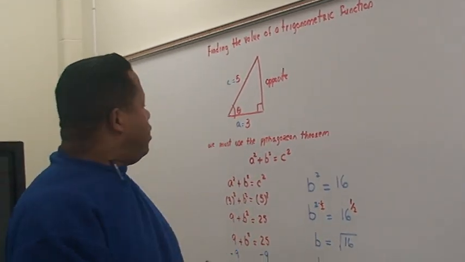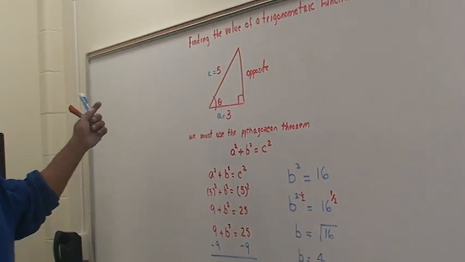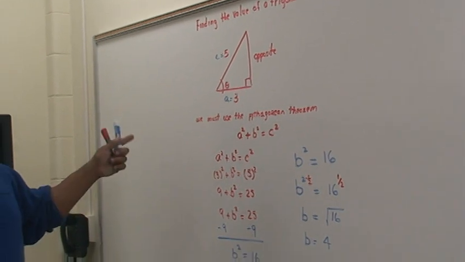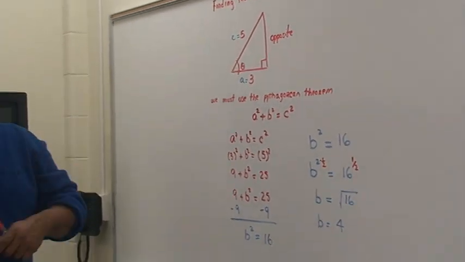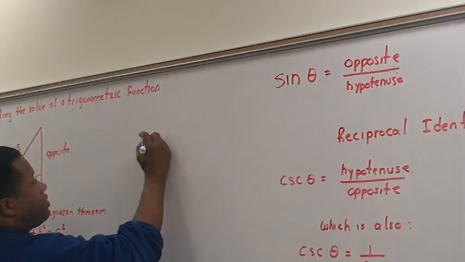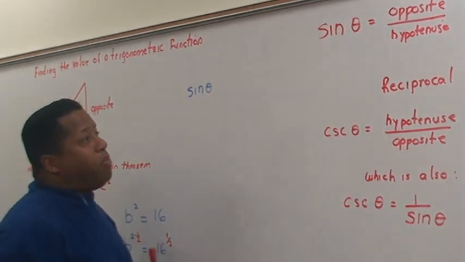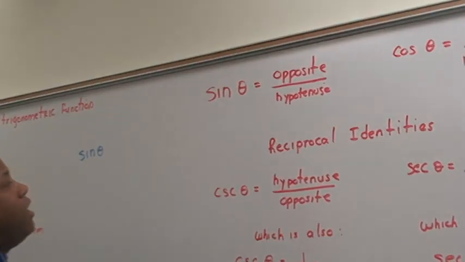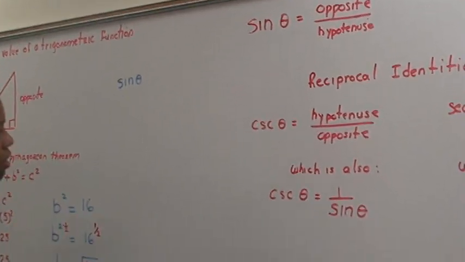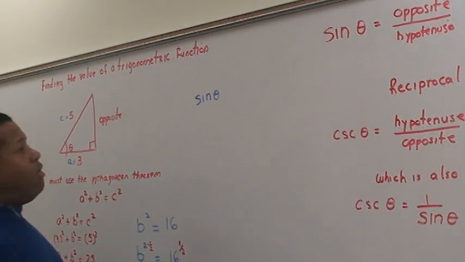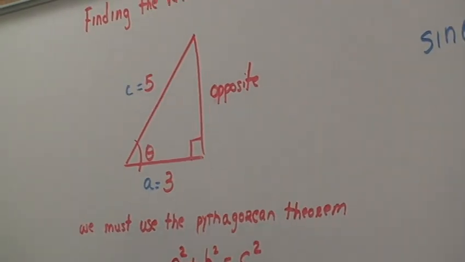Okay, so let's use the trig identities to find the values of the trig functions. Here with sine theta, which is represented by what? The opposite over the hypotenuse. What's the opposite side? We found that, didn't we?